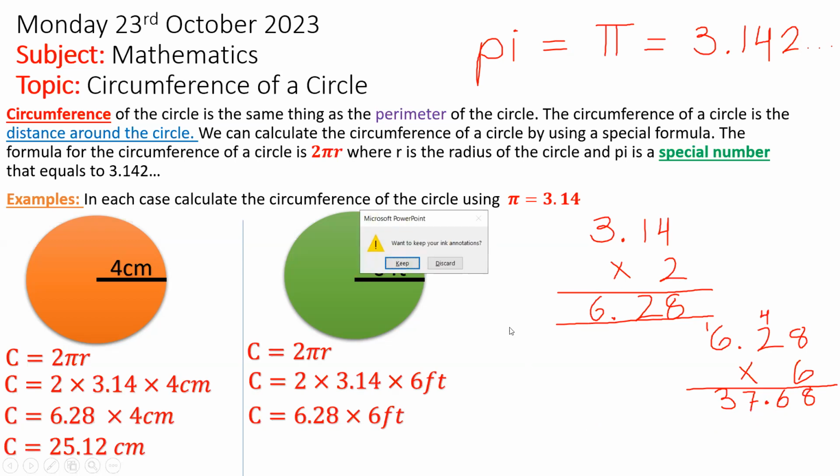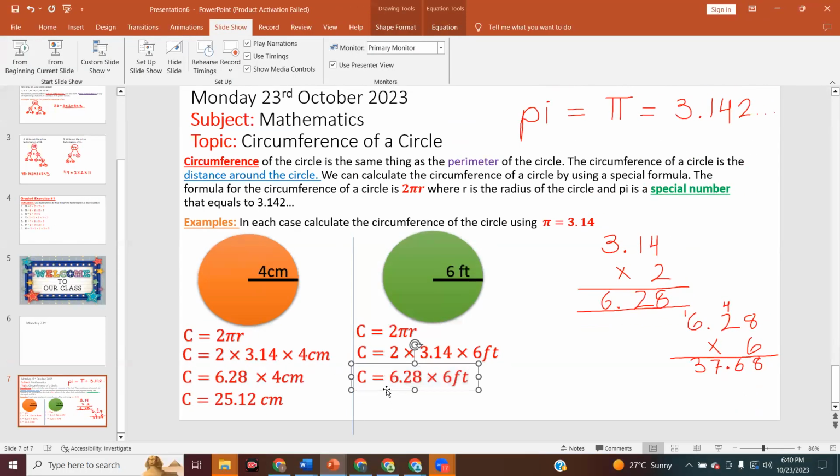So C, the circumference, is gonna be equal to what? 37.68 feet.